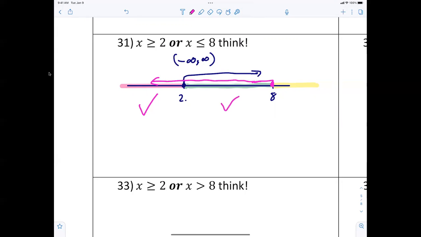Now look at the yellow. Is 9 greater than 2? But is it less than 8? Does it matter? No. That's how he knew it was all solutions. Now I'm just telling you, this is a little bit more advanced.